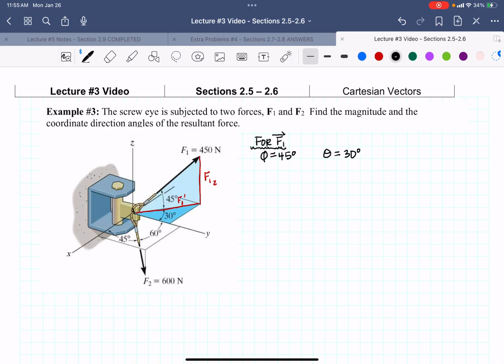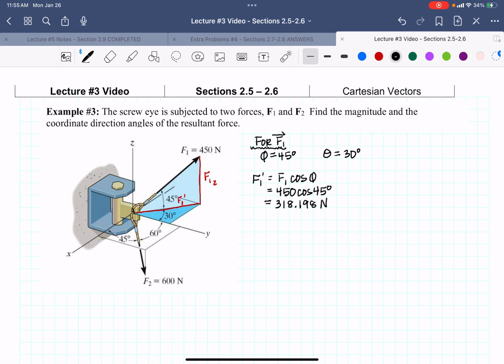So I can use the phi to find F1 prime, which equals F1 times the cosine of phi, which equals 450 times the cosine of 45 degrees, which equals 318.198.